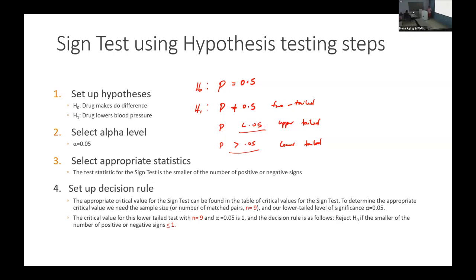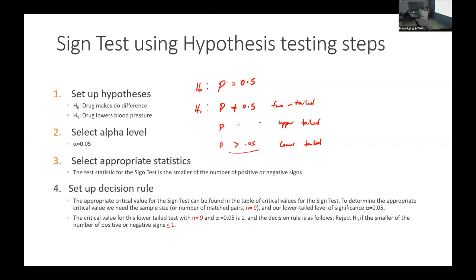P was greater than what? 0.05. So what do you get, 0.25?